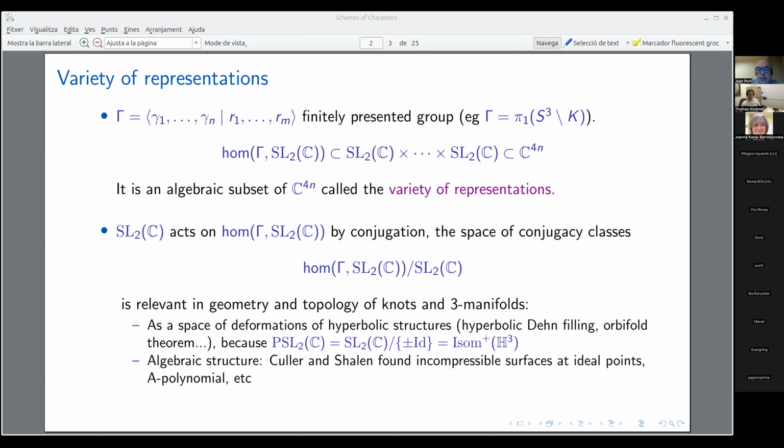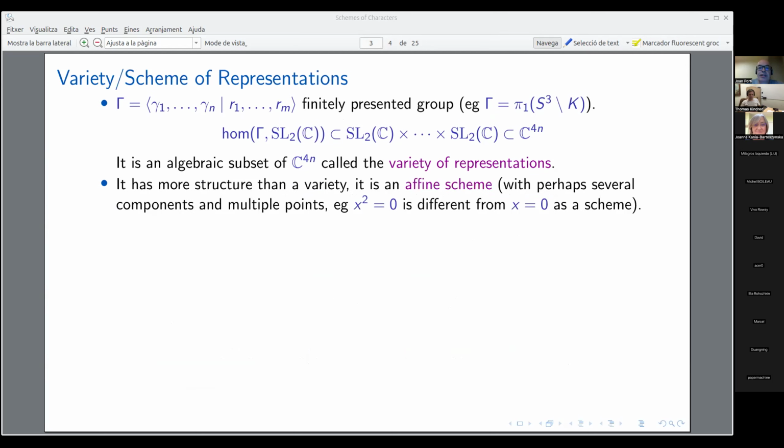Okay, so let's look at the algebraic structure. The title of the slides is variety or scheme of representations. And why? Because I'm interested in the algebraic structure of this. So people call it a variety, but it's not a variety. Why is it not a variety? Because for a variety, traditionally you assume that it's irreducible, it has only one component, and it's reduced.